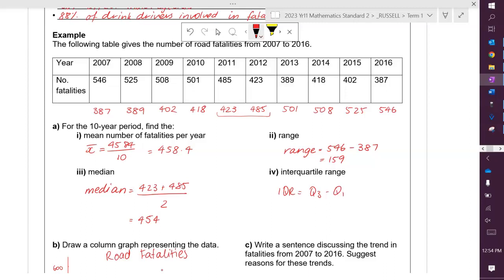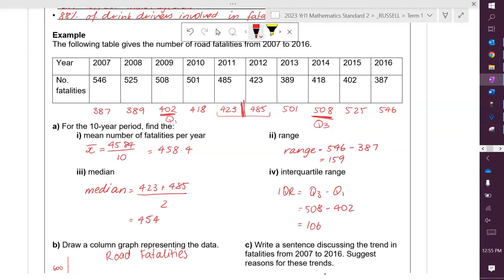So if I'm breaking this up, here's my halfway point. So my upper quartile, this is my Q3, and my lower, which is Q1. So that's going to be 508 minus 402, which gives me an interquartile range of 106.